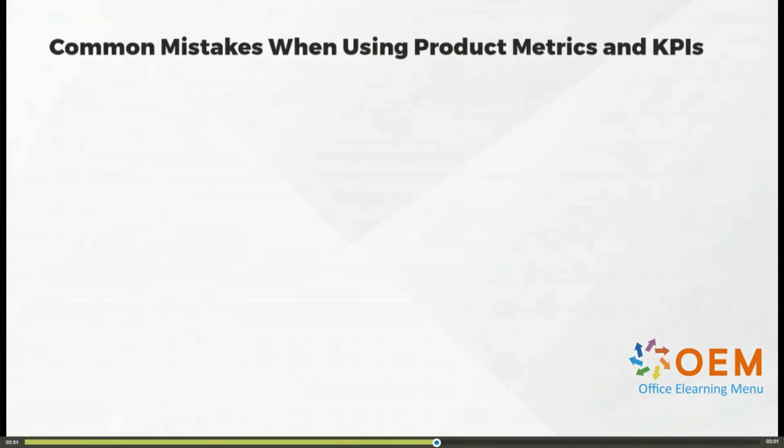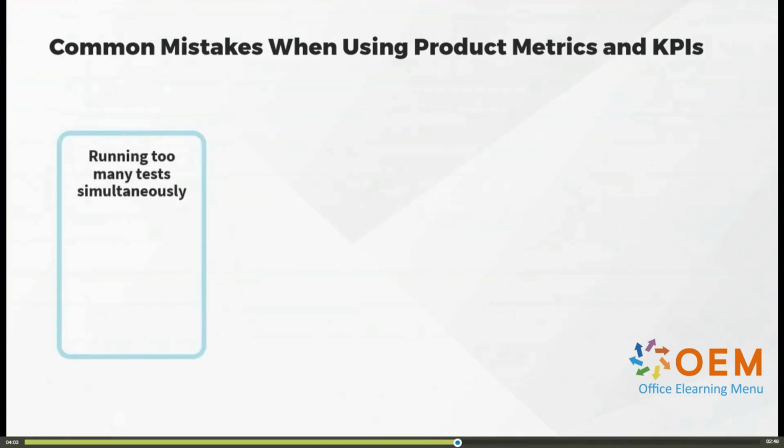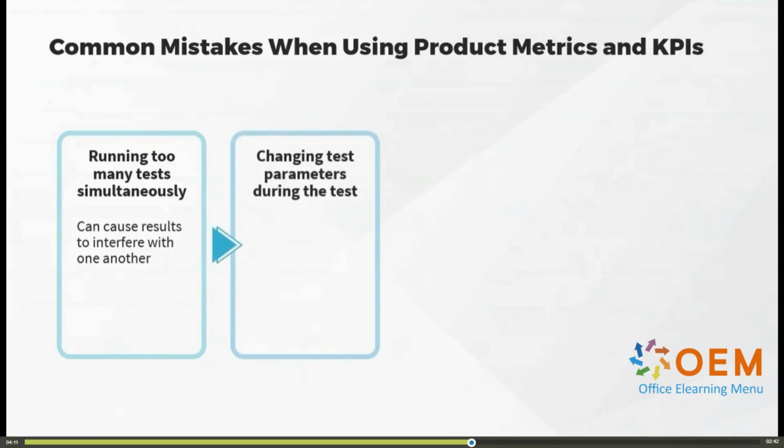It's important to avoid common mistakes and pitfalls when using metrics and KPIs for A/B testing. These mistakes mostly center on test consistency and analysis. For example, running too many tests simultaneously or on the same users can cause results to interfere with one another. Additionally, changing test parameters or criteria during the test can introduce inconsistency.